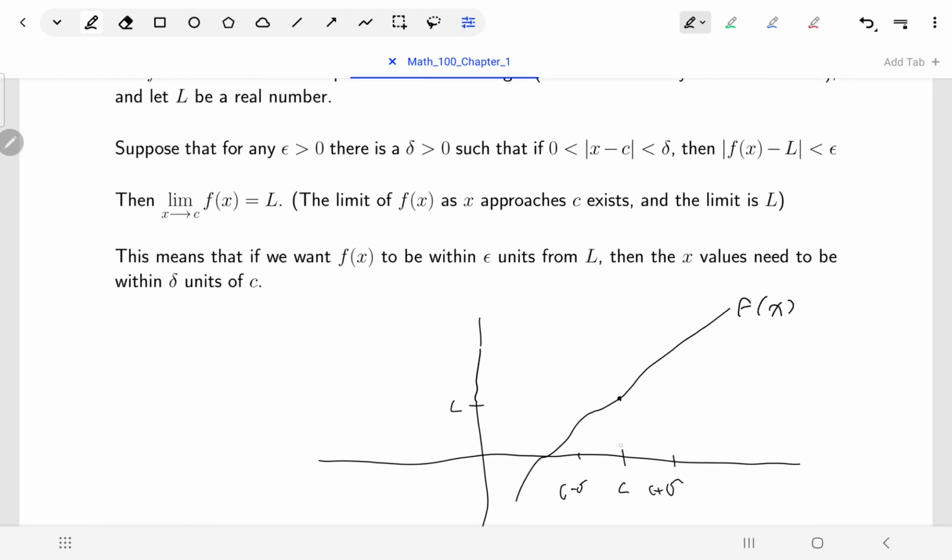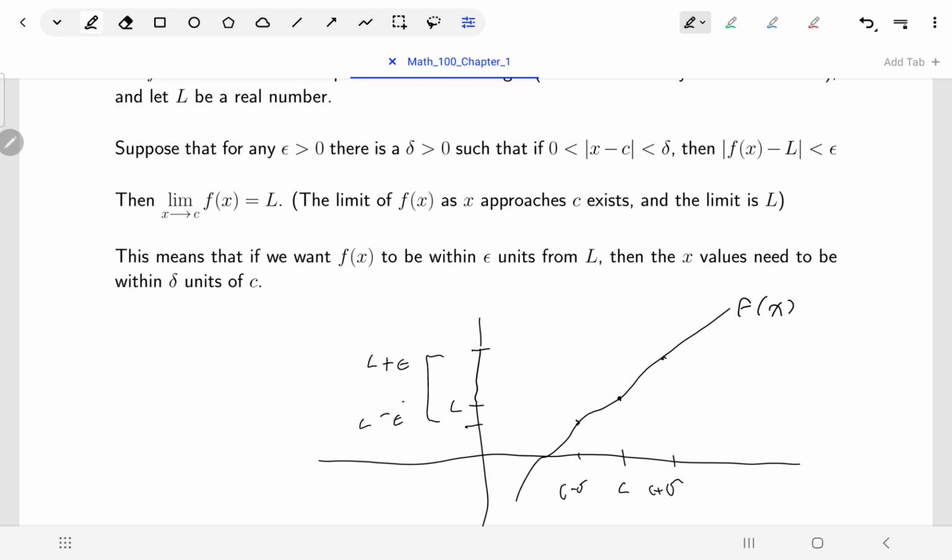So if you're in that little interval of x values, then your y values will be within epsilon of your limit. In other words, in this little interval that we've gone from delta below c to delta above c, all of our y values are guaranteed to be between the limit minus epsilon and the limit plus epsilon.